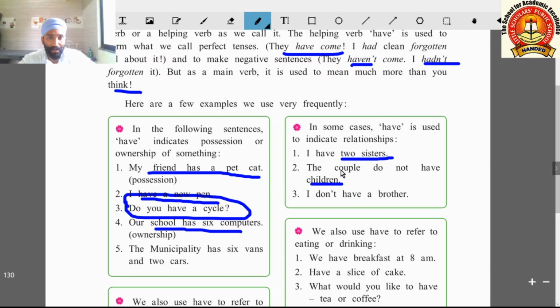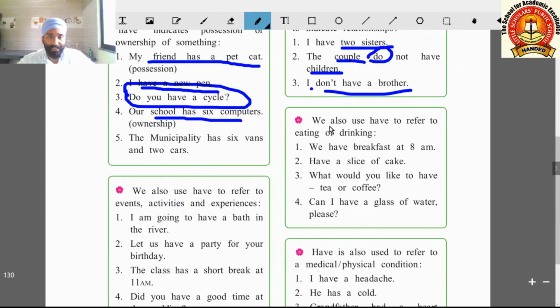Couple means the father and mother of that child. Couple means 2 people are there and they don't have any child. So the couple has a relationship with the child. Couple means the father and mother and the child is their relative. I don't have a brother. Again the sentence is saying about a relationship.